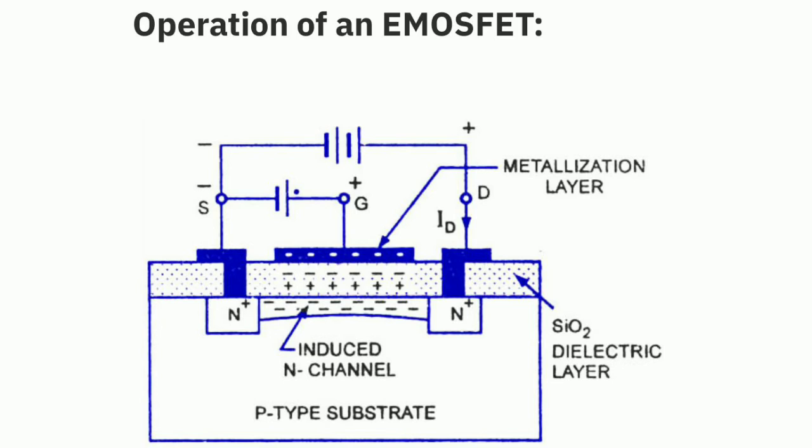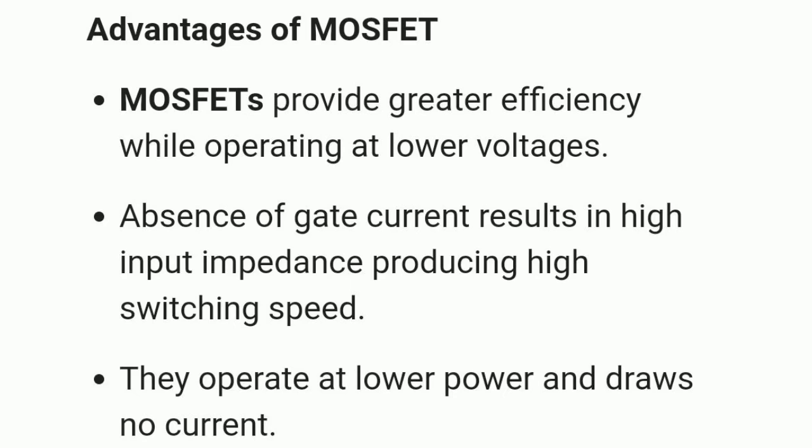Now let us see the advantages. The advantages will indicate how it is better than the D MOSFET. As we had seen in the previous lecture, the advantages of D MOSFET were explained. Now we will see the advantages of E MOSFET. First, these MOSFETs provide greater efficiency while operating at lower voltages.